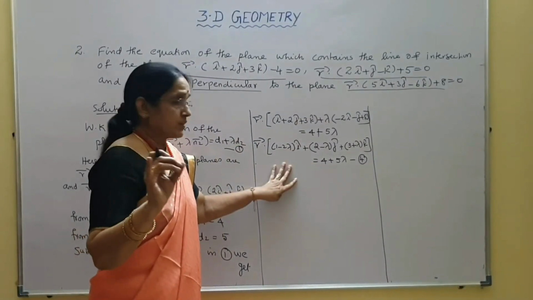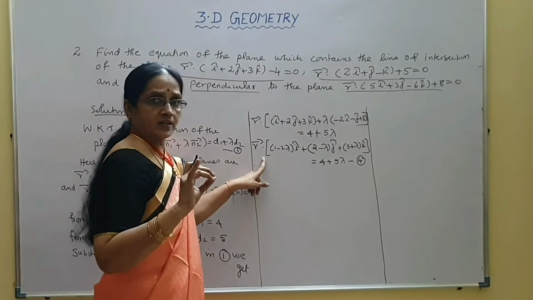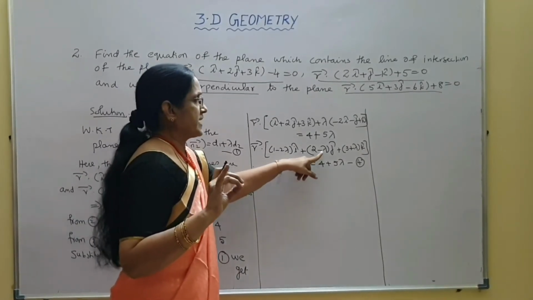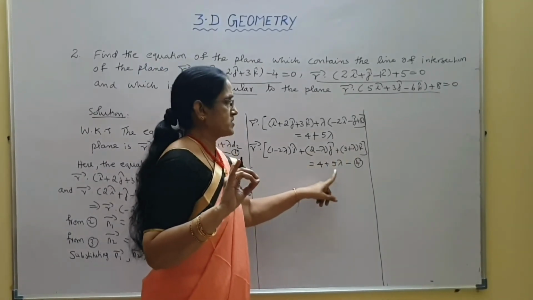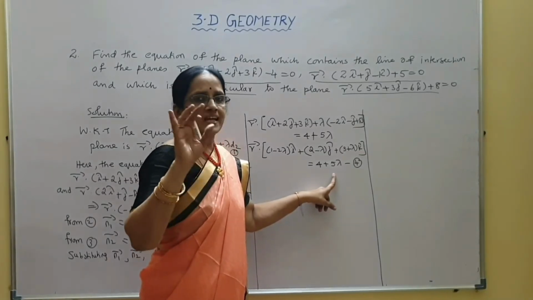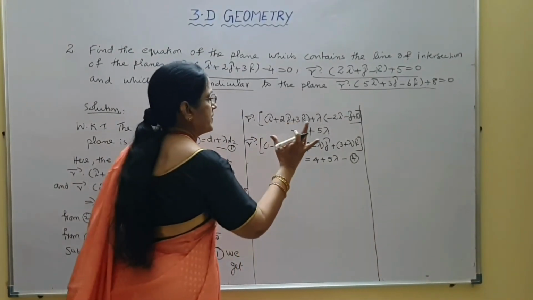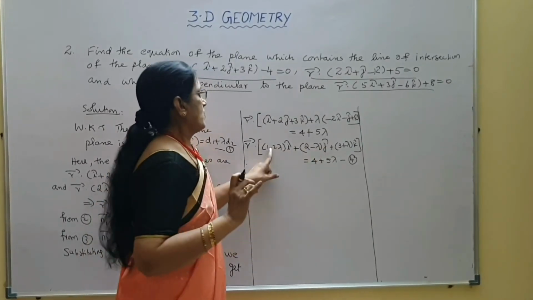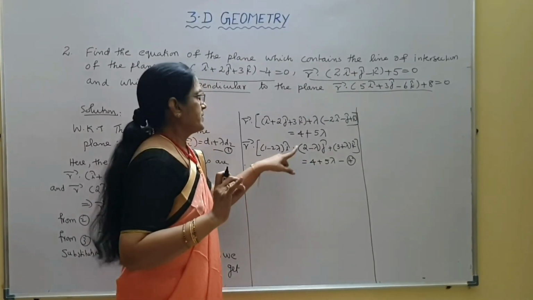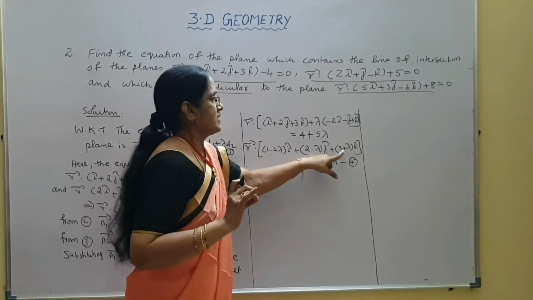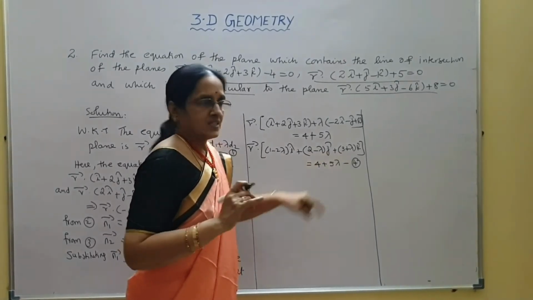This equation is of the form r vector dot (a i cap plus b j cap plus c k cap) is equal to some d, that is r vector dot n vector is equal to d. Therefore, the DRs of the normal to the plane are 1 minus 2 lambda, 2 minus lambda, 3 plus lambda.